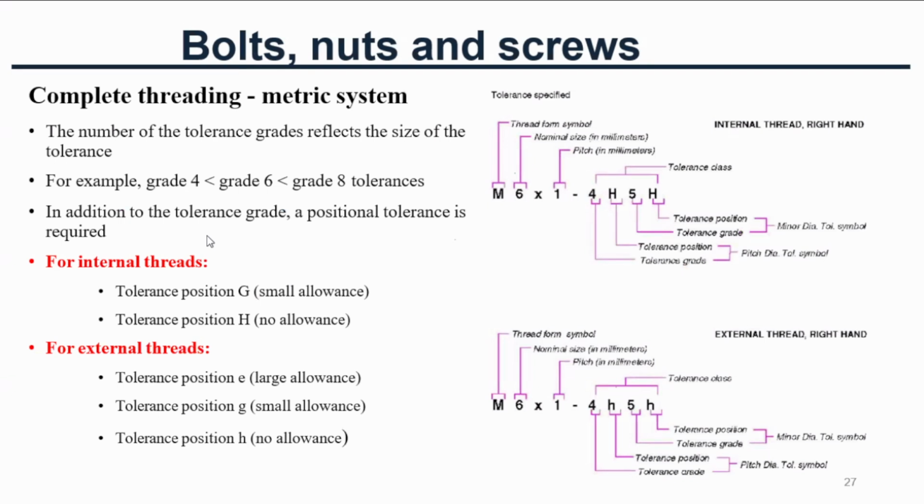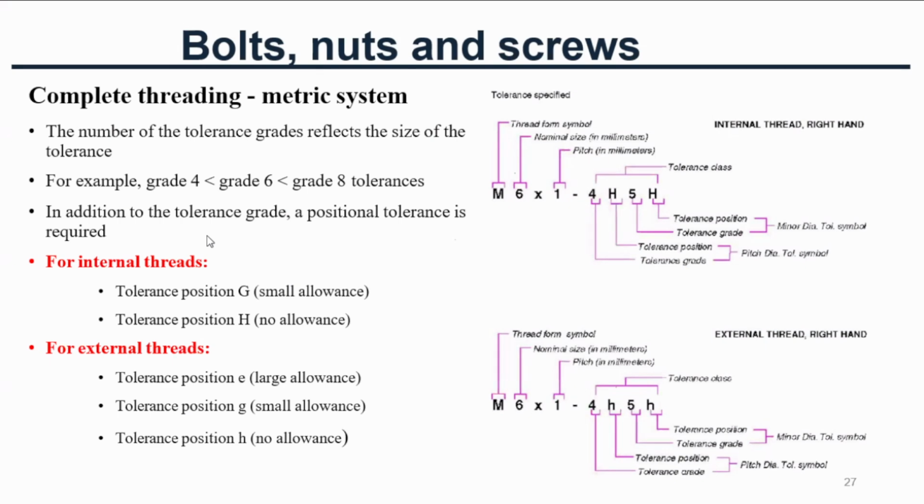So here you can see the metric thread system, with both tolerance grades and positions included. Tolerance positions are defined, and these also include accuracy and fit.